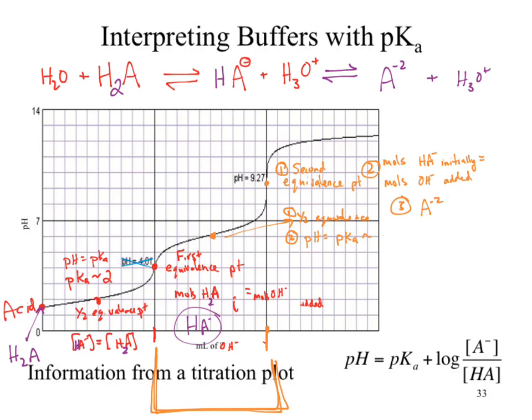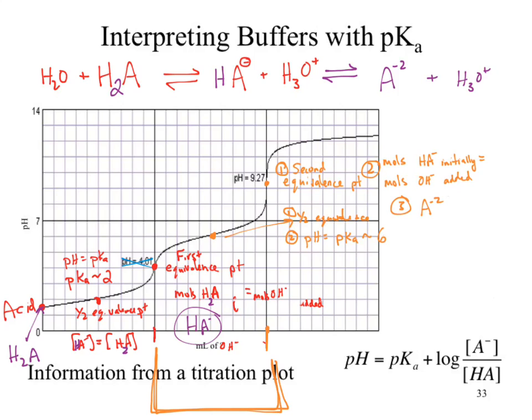I would end up saying the pKa is about 6. So wait, for the same acid, I'm saying the pKa is both 2 and 6? That's kind of confusing. Are those pKa's referring to the same acid? No. One of those is referring to the first hydrogen in the structure. The other one is referring to the second hydrogen.